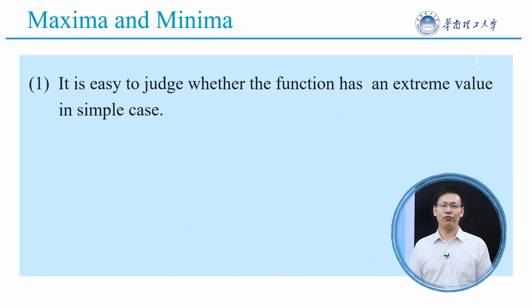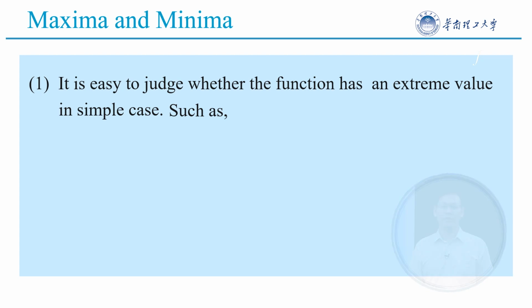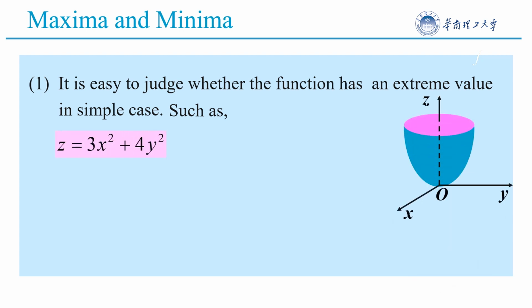It is easy to judge in simple cases, such as this equation, z equals 3x squared plus 4y squared, which represents an elliptic paraboloid surface.